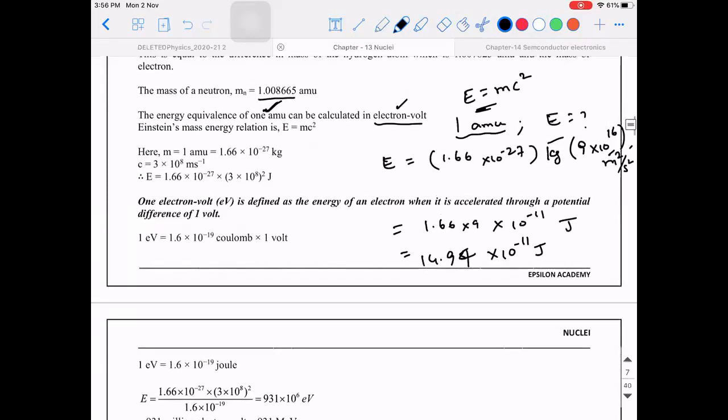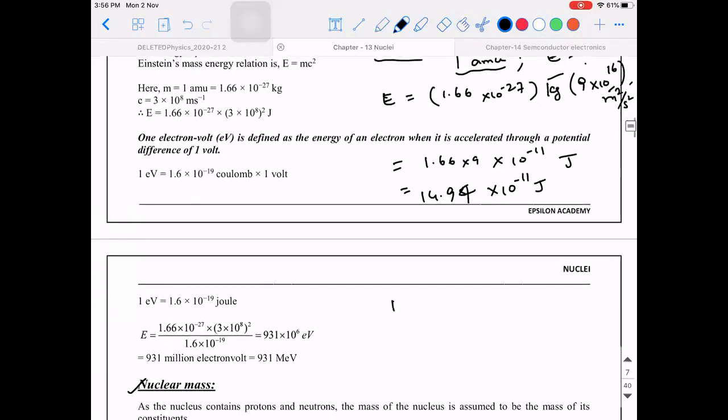We know that 1 joule is how many electron volt? 1 joule is 1 divided by 1.6 into 10 power minus 19 electron volt. So what you can do is use your calculator. Calculate what is 14.94 divided by 1.6 into 10 power minus 19 and tell me. I mean, you multiply with 10 power minus 11 also. So what is 14.94? How much?